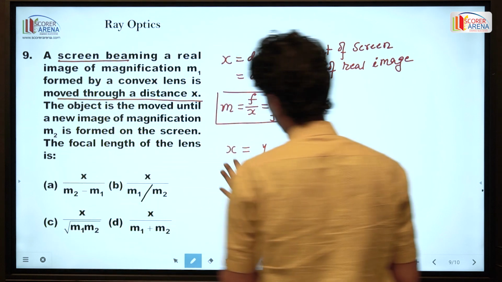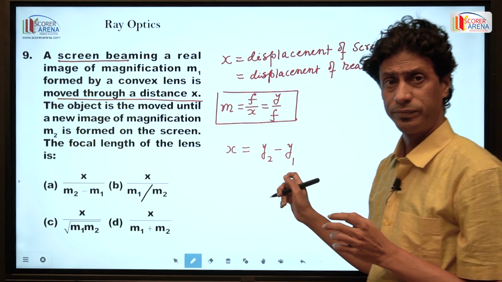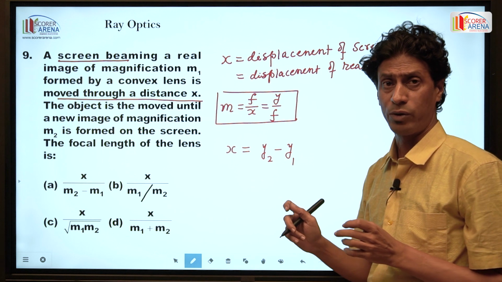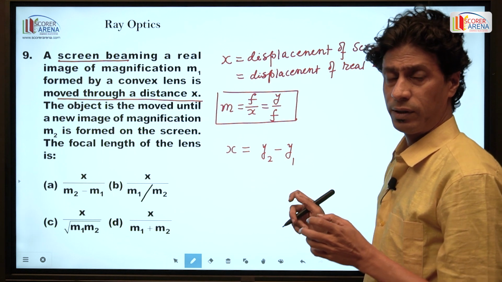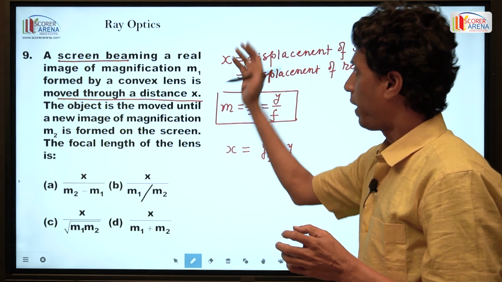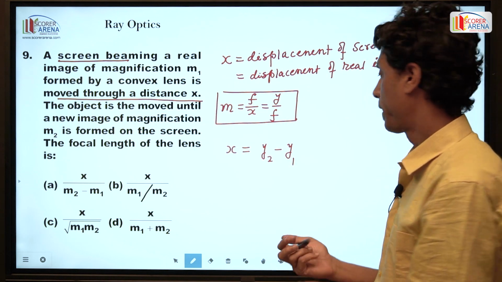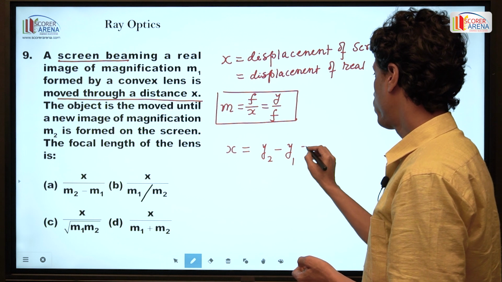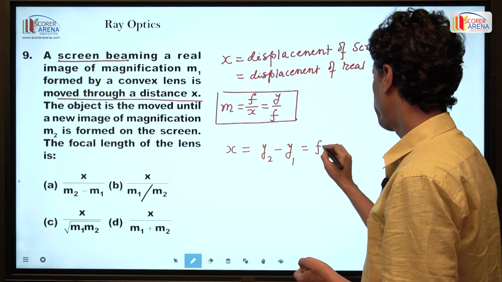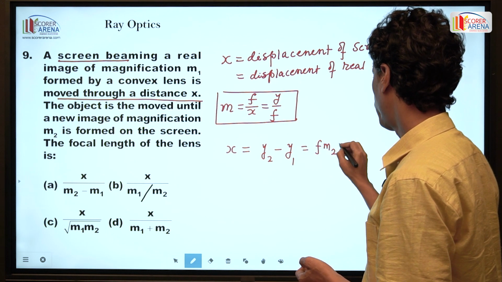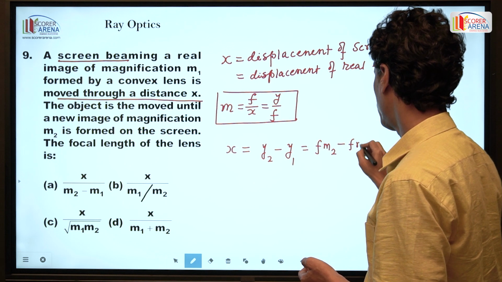But randomly, I have taken x equal to y2 minus y1, so I have taken that the screen is moved away from the lens. You know, y2 is equal to fm2 and y1 is equal to fm1.